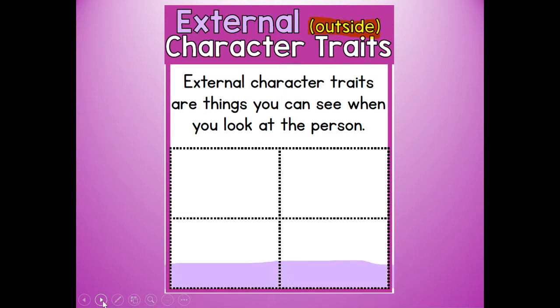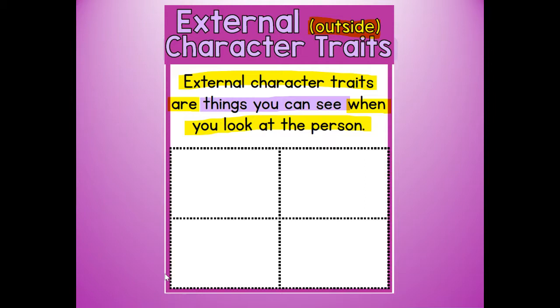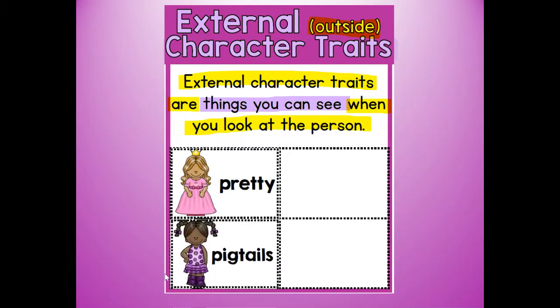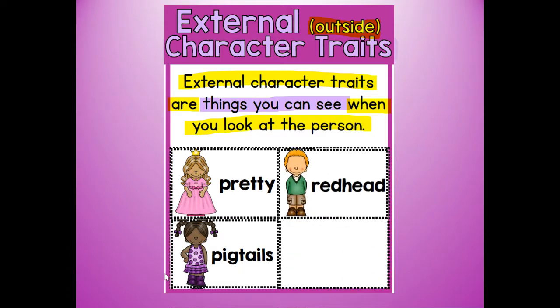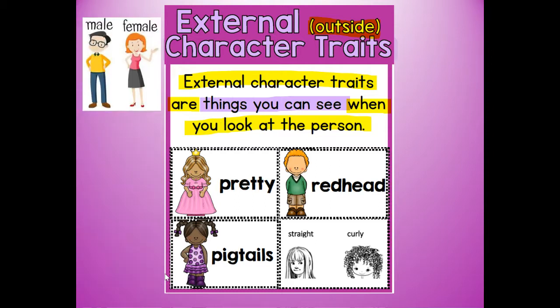External, outside character traits. External character traits are things you can see when you look at the person. Things you can see with your eyes, like that girl is pretty, or that girl has pigtails, or that boy is a redhead, or that girl has straight hair, that girl has curly hair. That man is a male. That woman is a female.